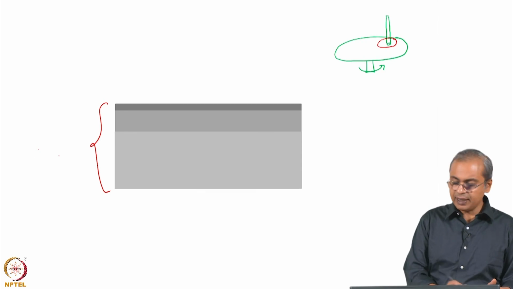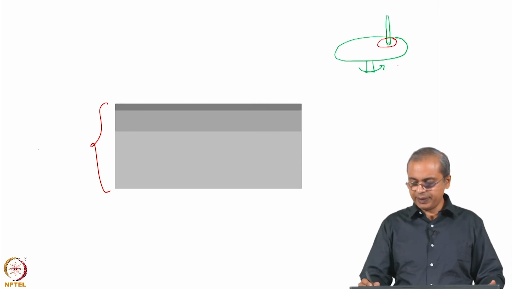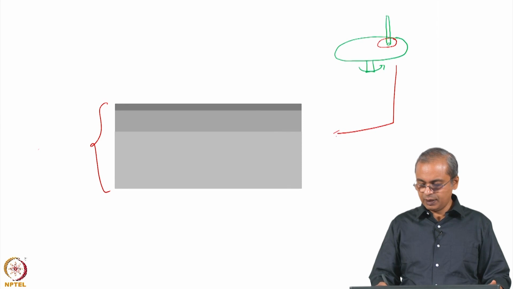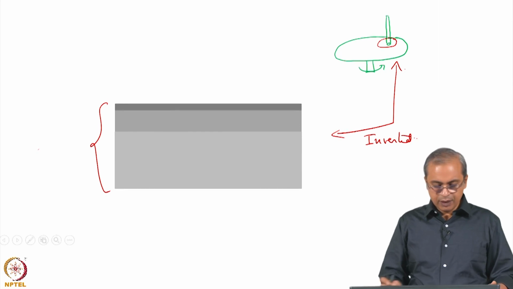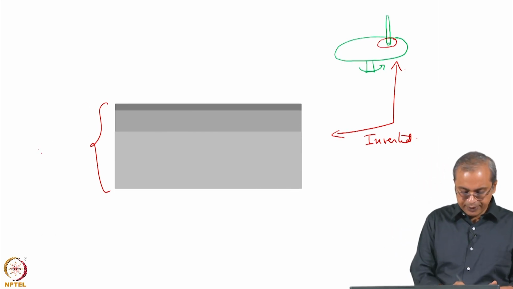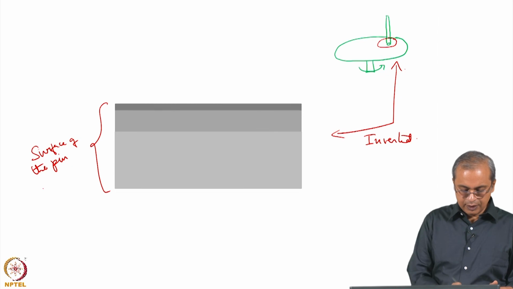So, if you look at the orientation with respect to this test, this is inverted. So, the whole thing is the surface of the pin that underwent wear, that was subject to wear.